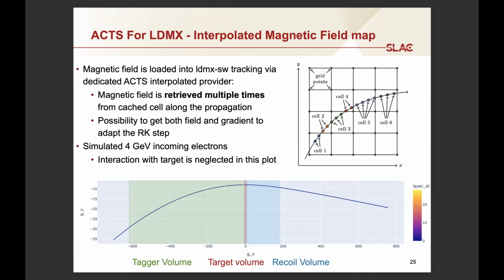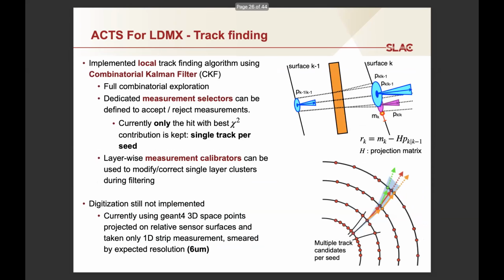In this case, just for display, the interaction with the target is neglected in this plot. That's why you see a very straight and smooth line. You can see at the end of the recoil volume that the track starts to straighten up, and then it exits the magnetic field and goes straight to the calorimeter.